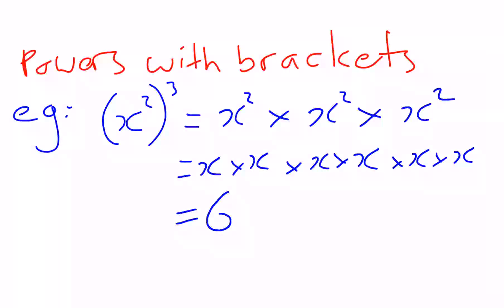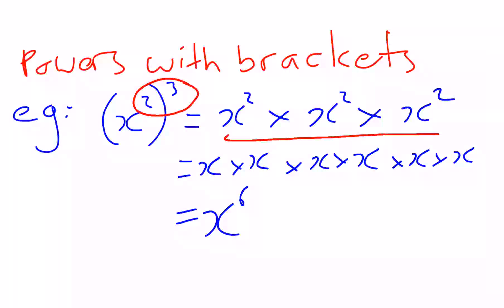That's x to the power of 6. We look for a shortcut rule, and we can see that I could get that answer by multiplying the powers. So the shortcut, if I don't want to write the whole expanded form to work it out, is that I multiply the powers.